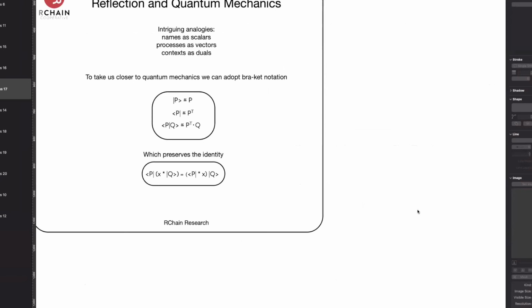So how does the symmetric monoidal category interpretation line up with these interpretations?